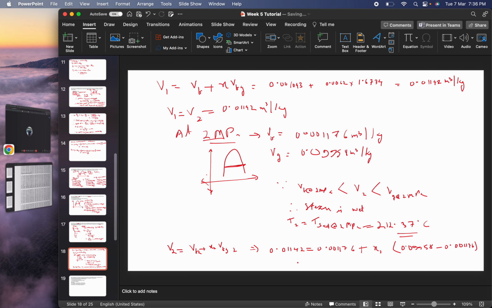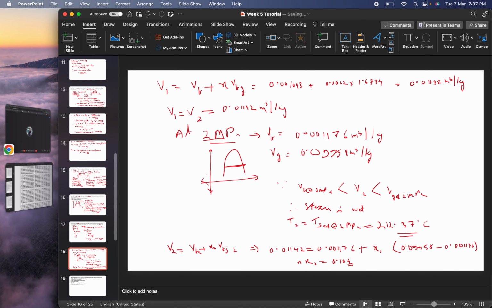Okay, so from here I'll get my x2 value, and this x2 value will be (0.01142 minus 0.01176) divided by (0.09958 minus 0.001176).